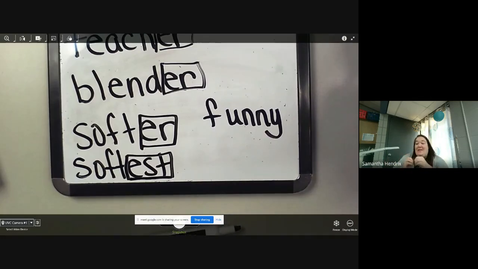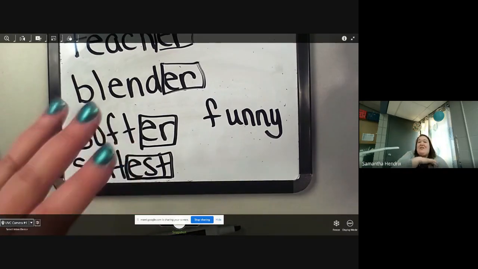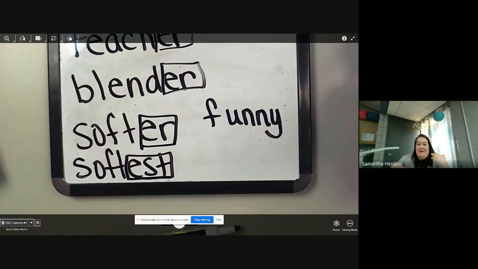And then Skylar's blanket is softest. Okay? So ER is when you compare two things. That one's softer than this one. EST is when you compare more than one. So Skylar's is the softest of all three. Okay. Now, if it was just mine and Skylar's, we would say Skylar's is the softer one. Okay. So we only use EST when there's more than two.